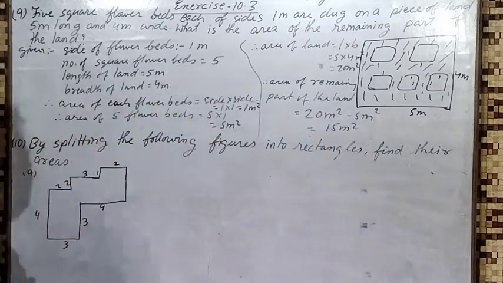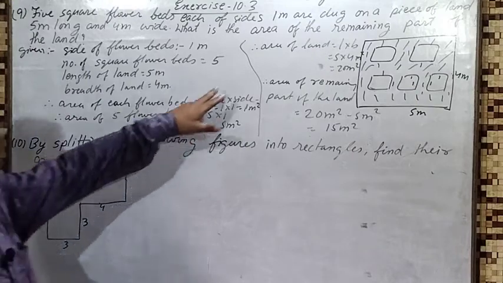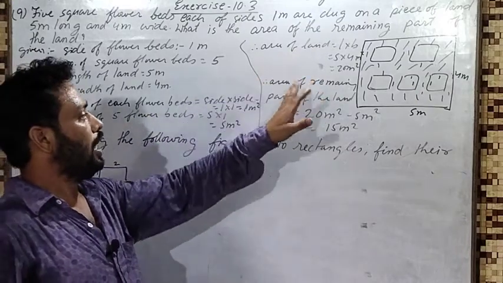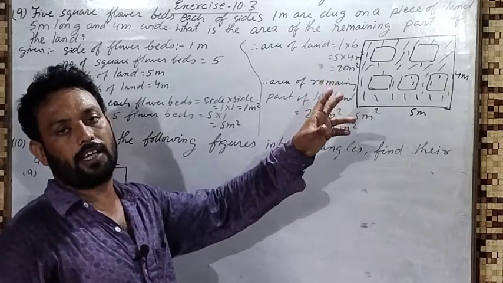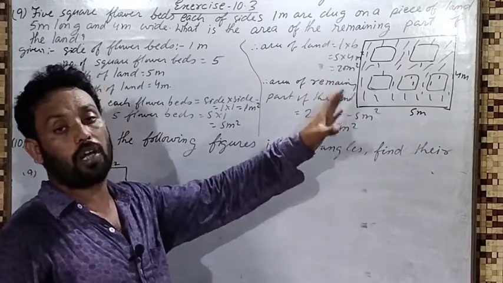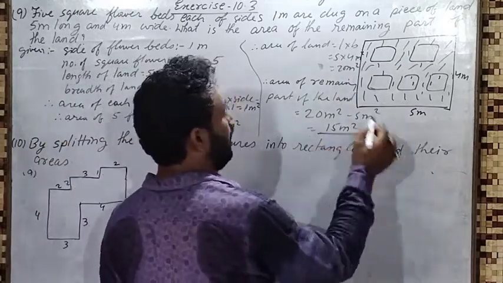You will do like this. First you find the area of 1 flower bed, find the area of 5 flower beds, then find the area of land, and to find the area of the remaining part you subtract the area of flower beds from the total area.